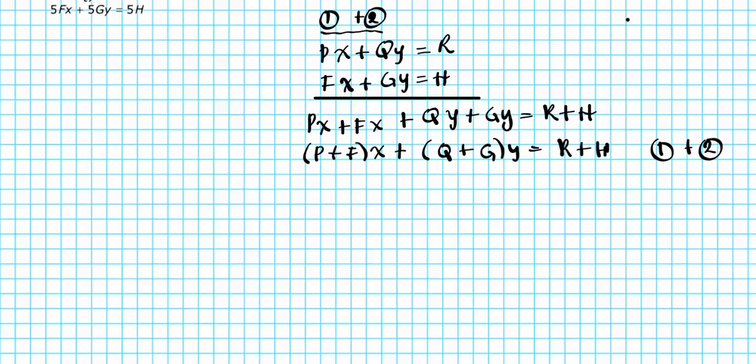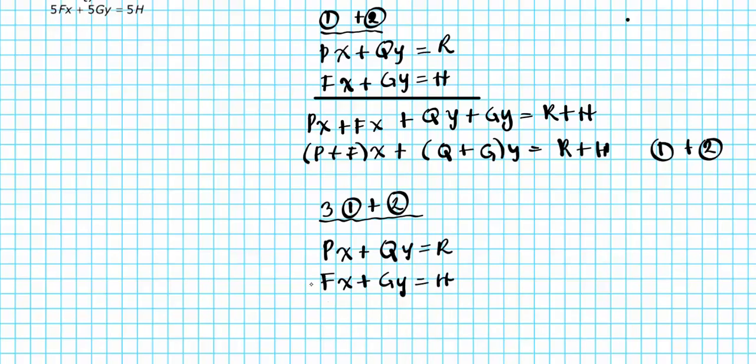So we're computing triple 1 and adding it to 2. Let's see what we get in this situation. Let's start from scratch: Px plus Qy equals R, and then Fx plus Gy equals H. First I'm going to triple equation 1. When you triple it, you triple every single thing. That's a mistake most students make: they forget to triple the entire equation, and it results in an incorrect equation.